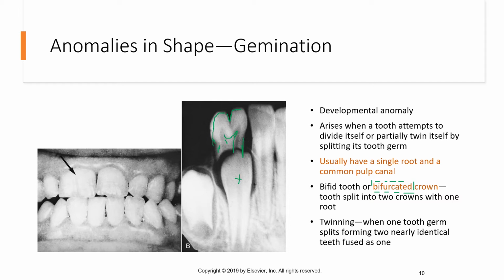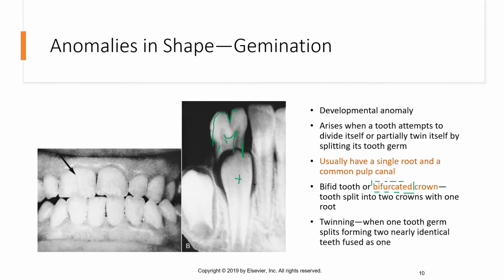Now, twinning is when one tooth germ splits, forming two nearly identical teeth, but they're fused as one. Okay, so the teeth are developed, but they're basically just fused together the whole way down.